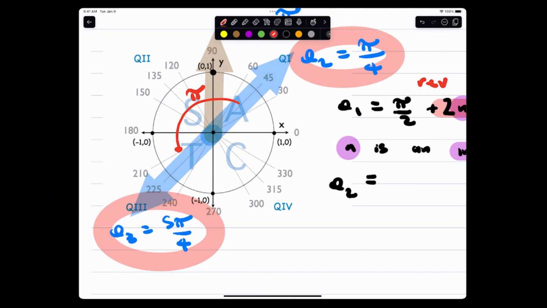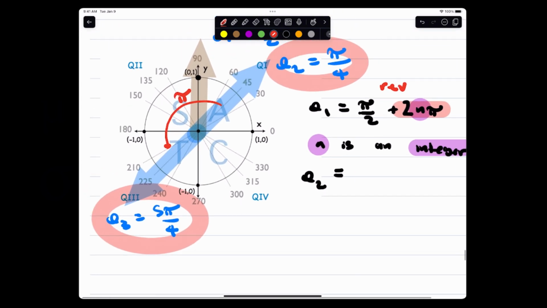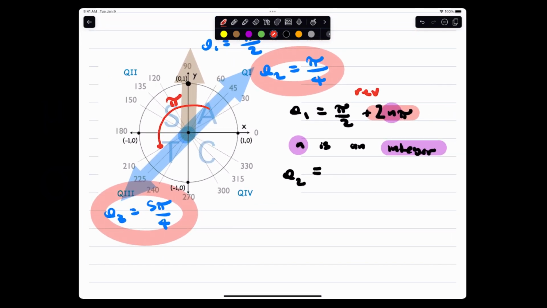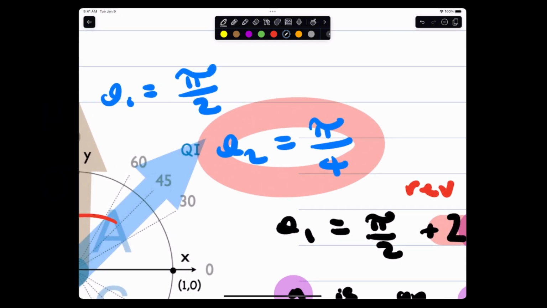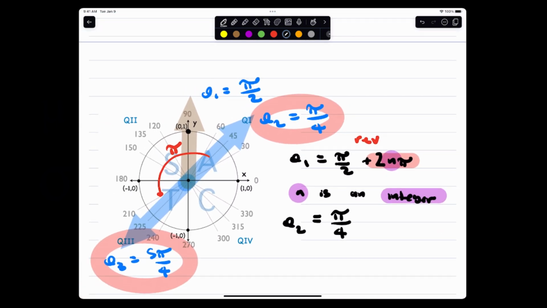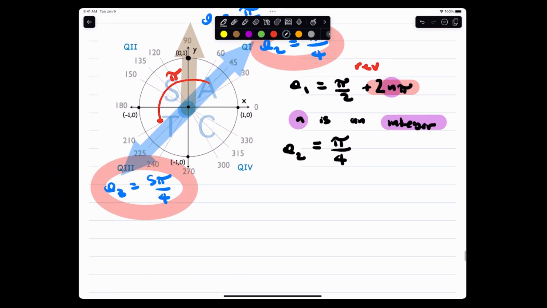So when they differ by 180 degrees, what do you do? You take the first solution, which is pi over 4, 45 degrees, and instead of adding 2n pi, you add n pi, where n again is an integer. Why would I do this?